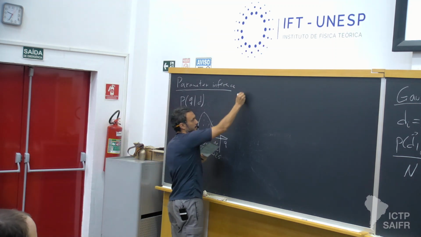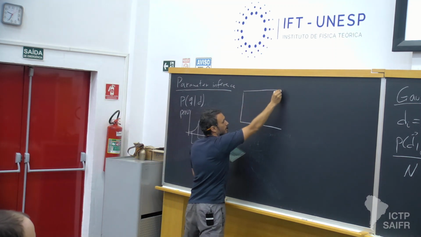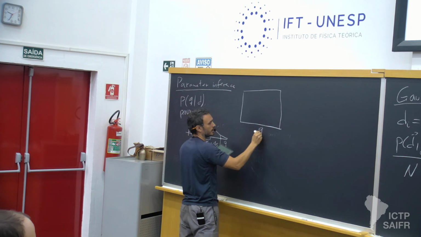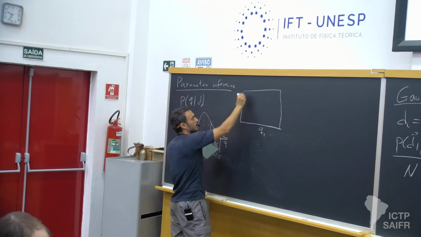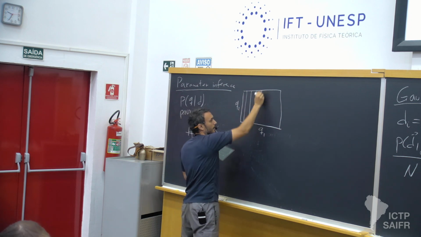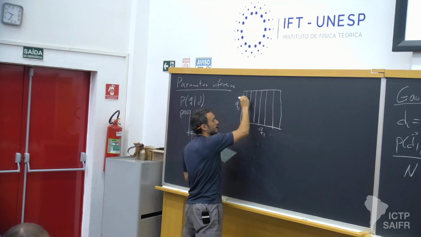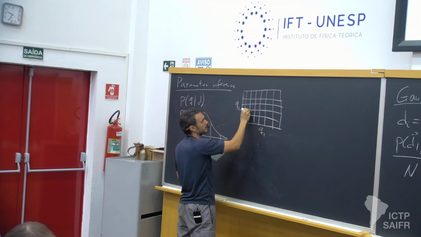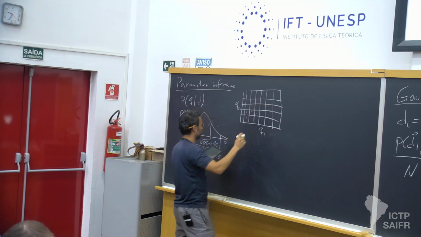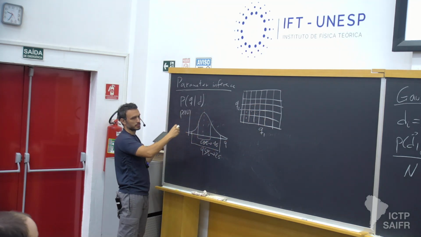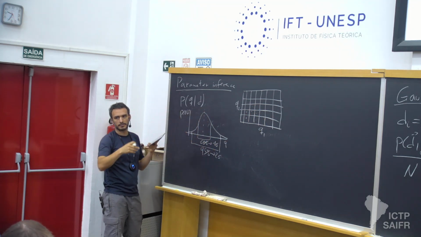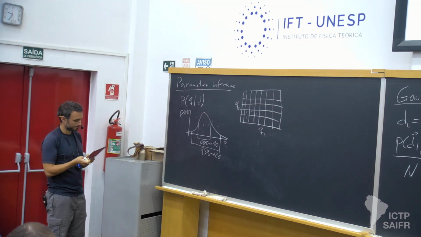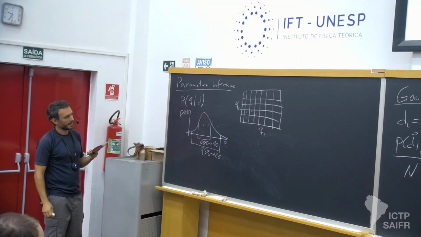If we had 2 parameters, maybe we could do a grid, Q1, Q2. We sample the parameter space in a grid, evaluate P at each point in this grid, and then do the same. But now we will have to deal with 2-dimensional integrals instead of 1-dimensional integrals. Fine, maybe we can do that.